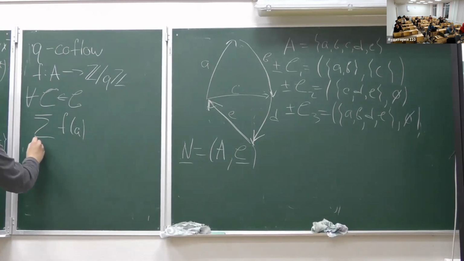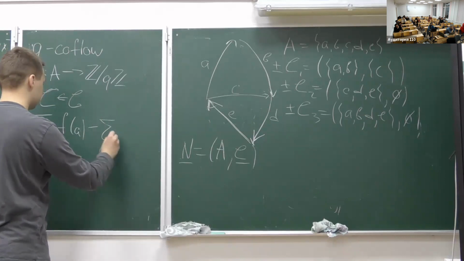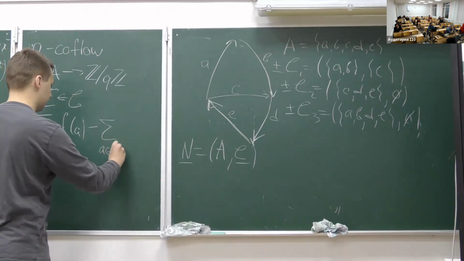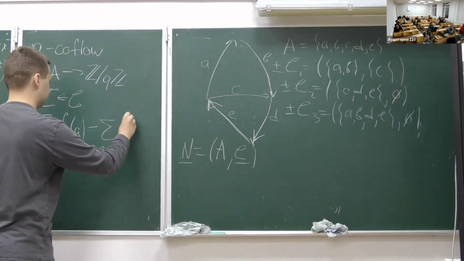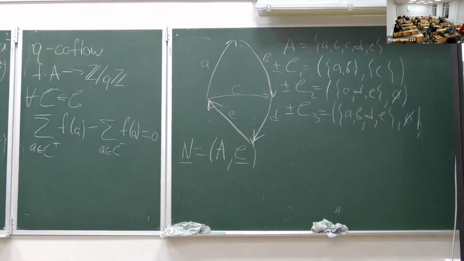The oriented sum of edges at each vertex should be zero, and we don't know what a vertex is. So that's a formal definition. For each circuit, we have a subset that's positive, and we take some functions at these points, and then we take some functions in negative points.